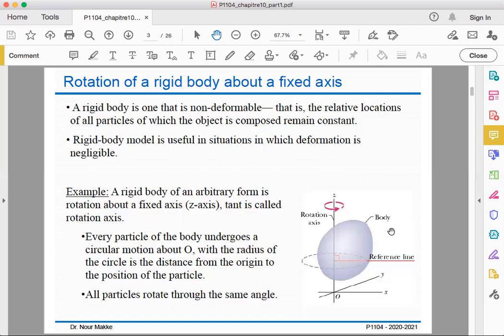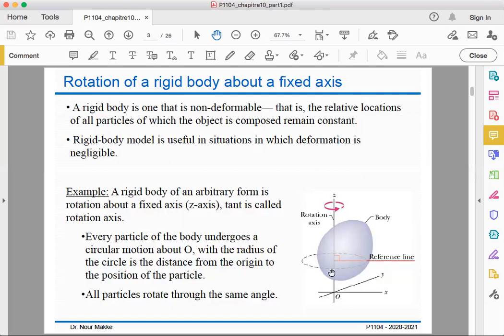Throughout this chapter, we will be discussing this kind of case where we have a body of arbitrary shape or form, and it's rotating around an axis. In this case, it's the z-axis. And this axis, we call it the rotation axis, the axis about which the rotation is done.